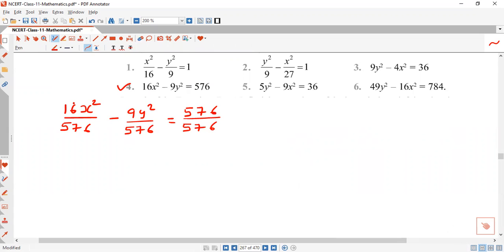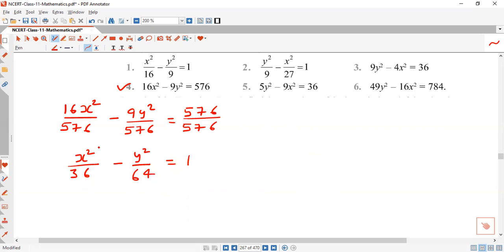Now, simplify this one. 16 cancels out, 16 times 3 is 48, 16 times 6 is 96, so x square upon 36 minus y square upon 64 equals 1. See, we have made the equation like this.